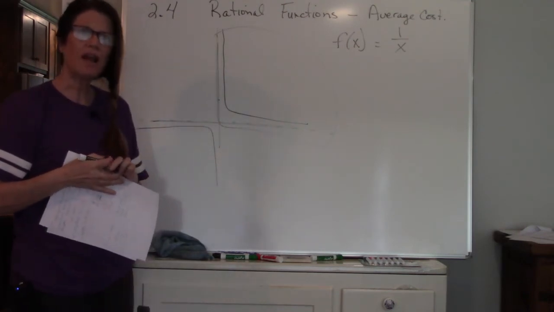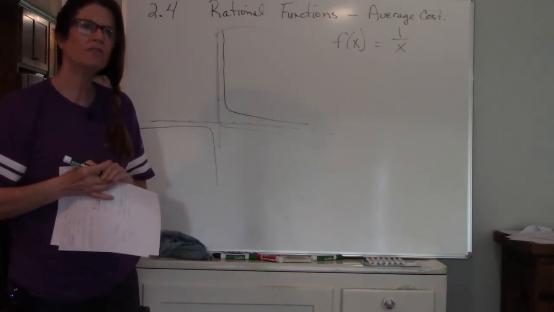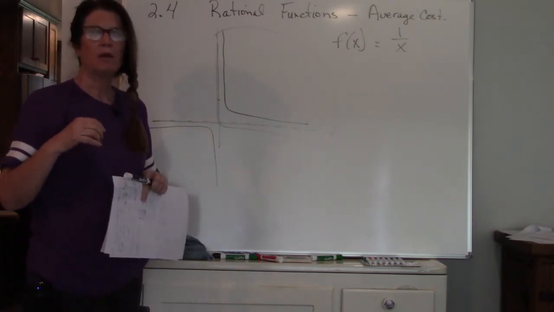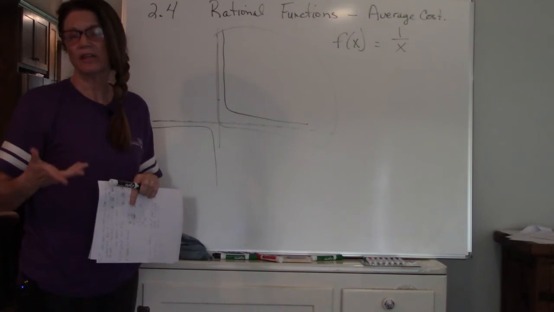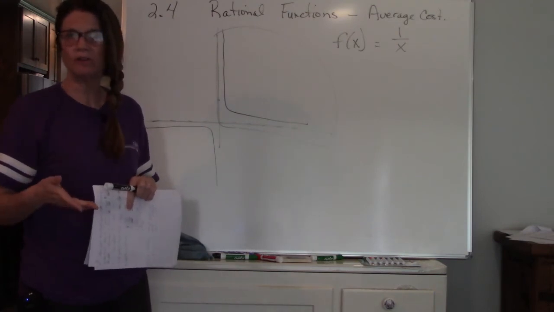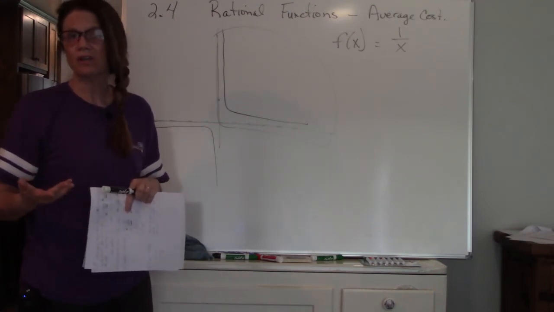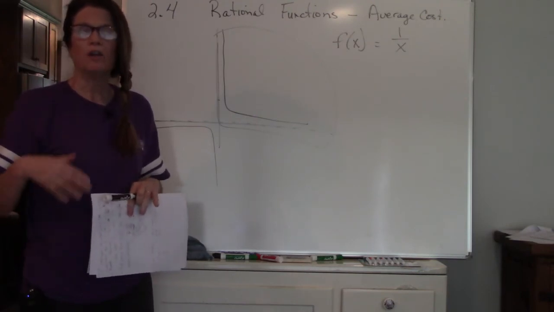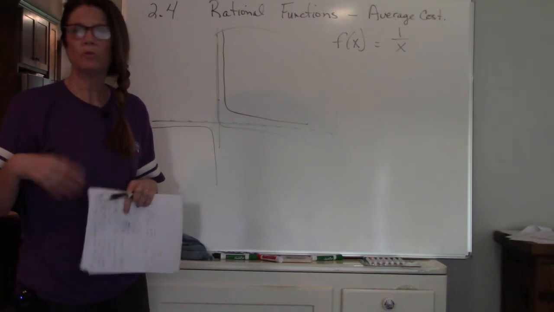Now, there's a couple different ways that you can graph, and I want to introduce you to a website, or it's actually an app. You can download it on your phone if you want to use it. It's a graphing calculator. If you have a graphing calculator, that's great, you can just use it. But if you want to download one, it's free.